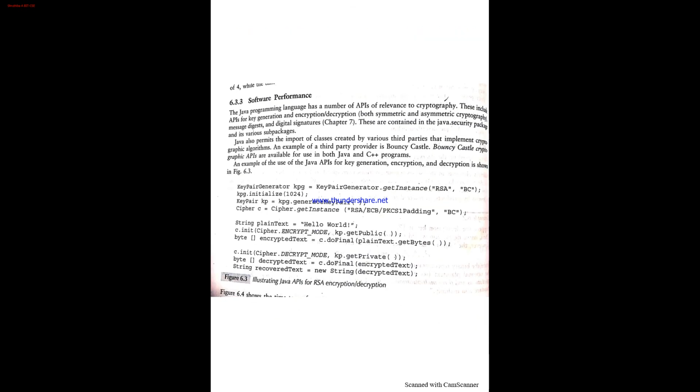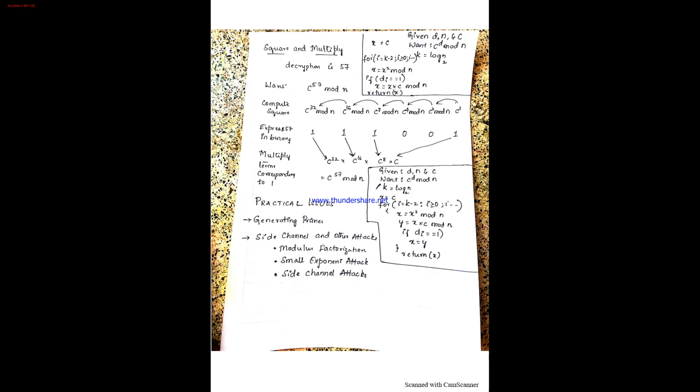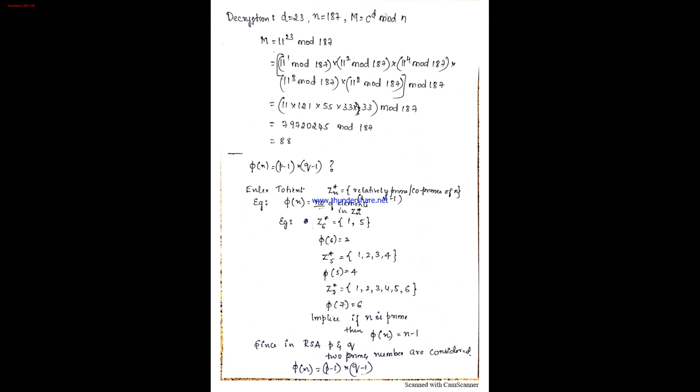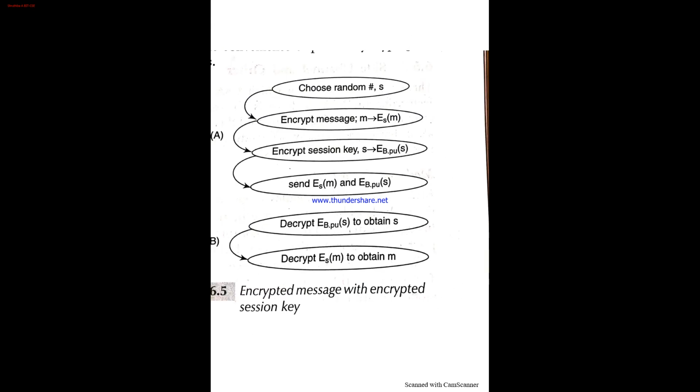And next obviously we'll have the applications. So what is the application of this RSA? As you all know, the very first thing is to make the message secured. Public key cryptography and secret key cryptography both have their own advantages and limitations.